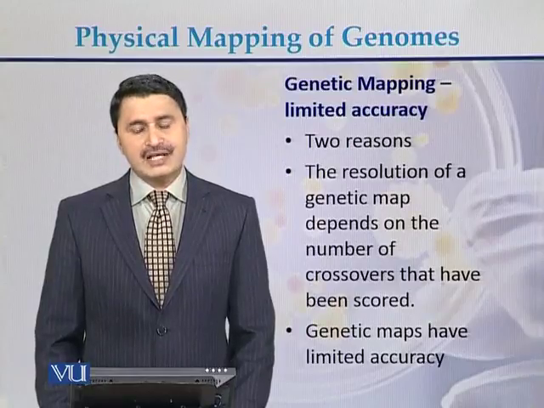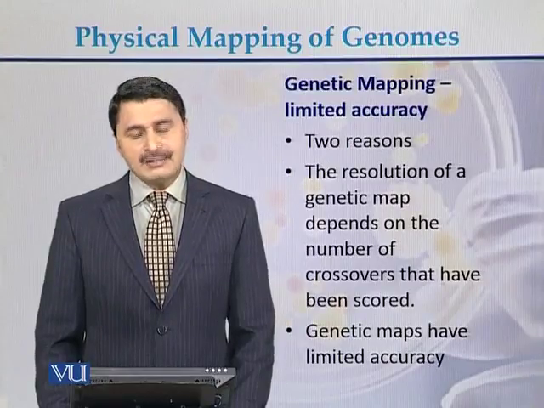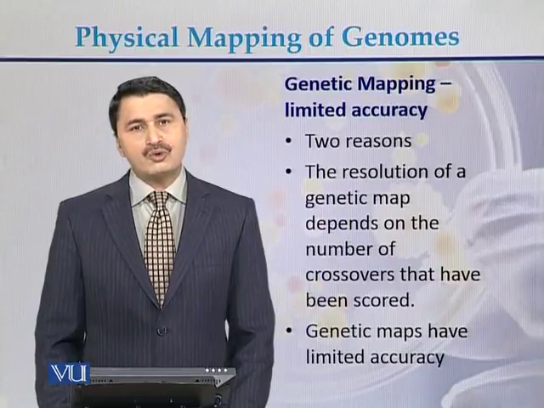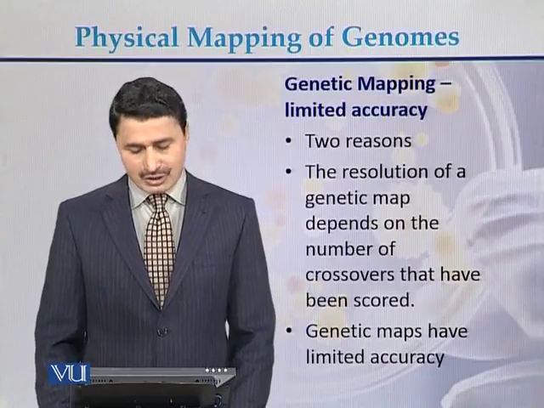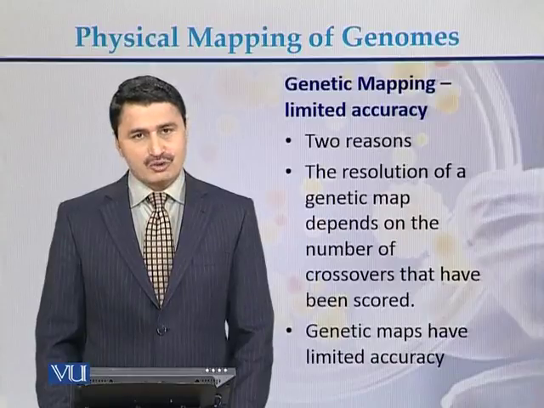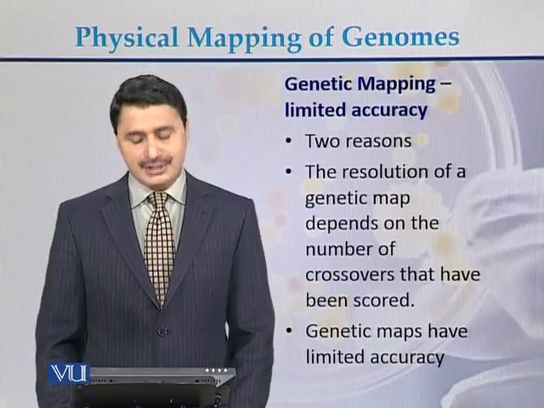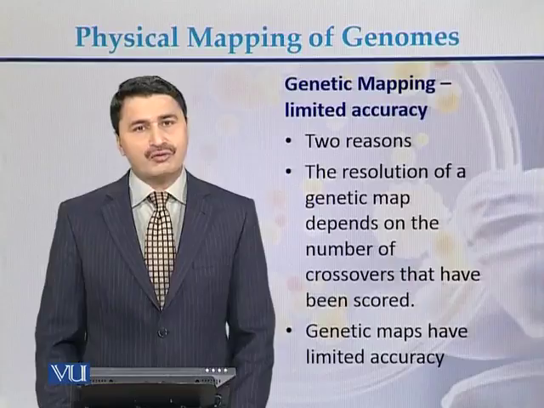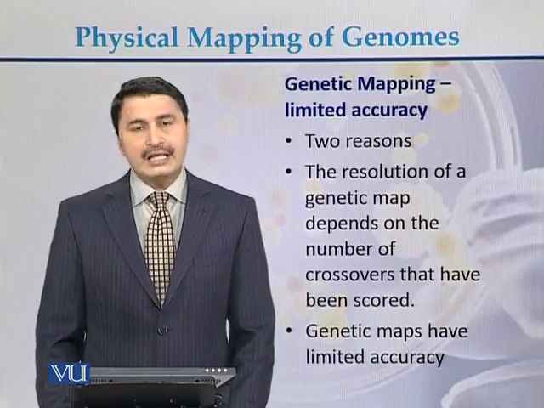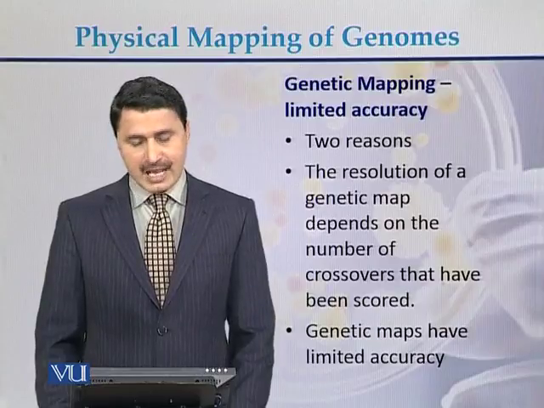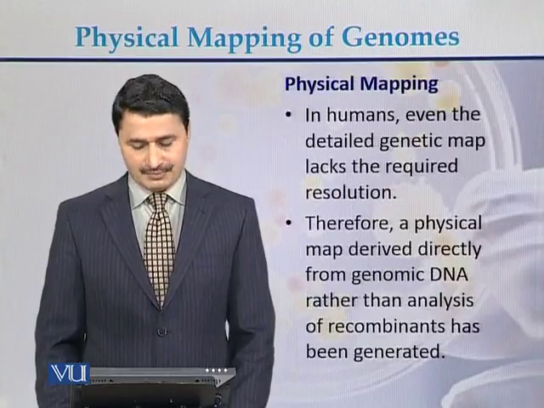Genetic mapping has limited accuracy, and there are two reasons for that. The resolution of a genetic map depends on the number of crossovers that have been observed or performed. In addition to this, genetic maps have limited accuracy.